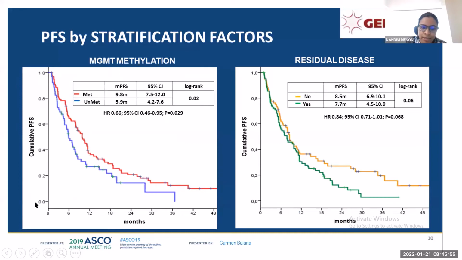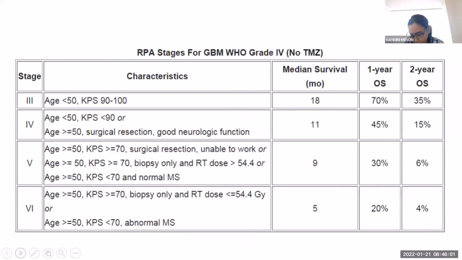But the extension of 6 months of additional temozolomide in either of these groups really didn't contribute to improvement in survival. So these strategies did not improve outcomes. Ultimately, the original Stupp regimen remains the standard of care even after so many years, today in the first line setting.